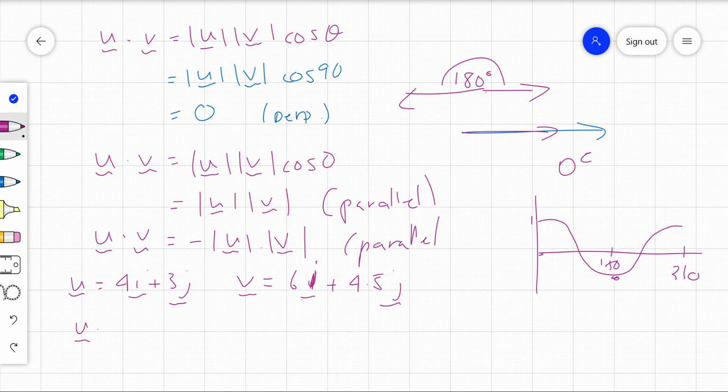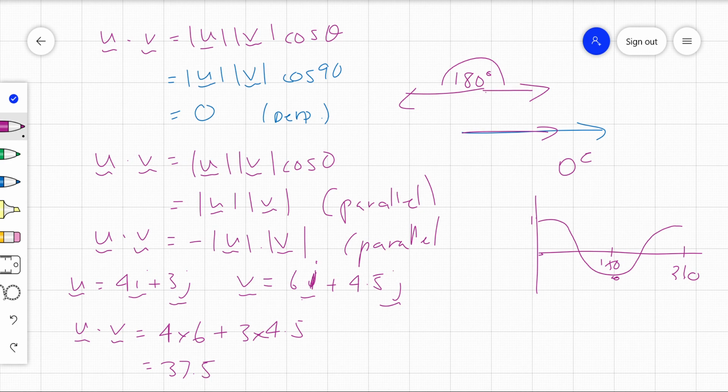Well, let's have a look at u dot v. So we know u dot v is 4 times 6 plus 3 lots of 4.5. Using my calculator, we would get, you can check for me, 37.5.